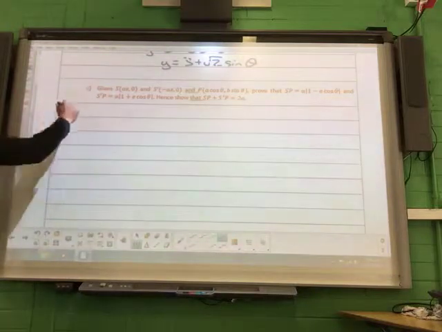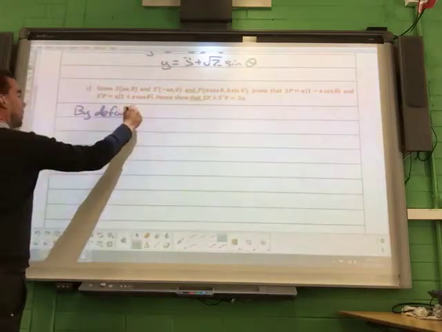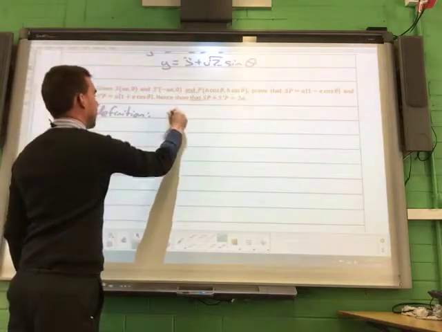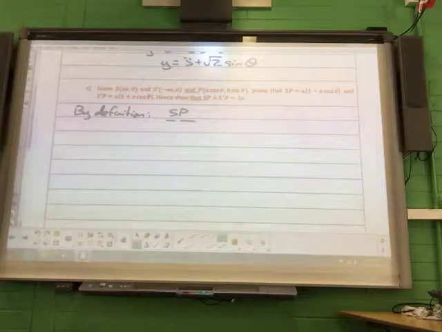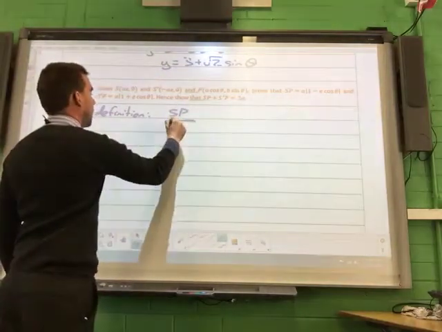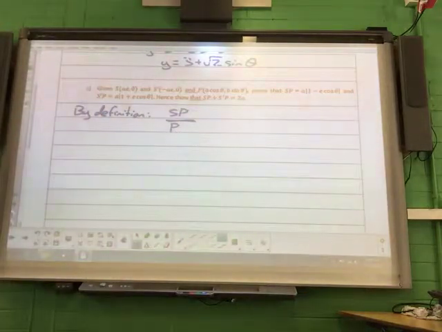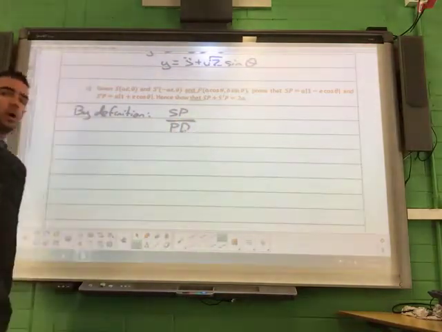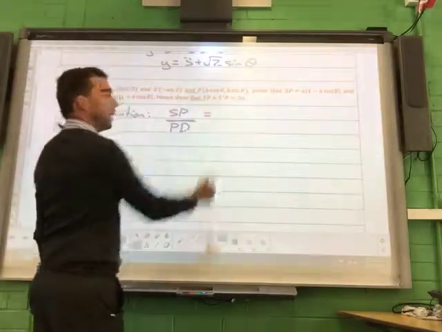Okay, so by definition, we've got SP, so the distance from the focus to the point P, over the distance from that movable point P to the perpendicular point on the directrix, okay, equals what?